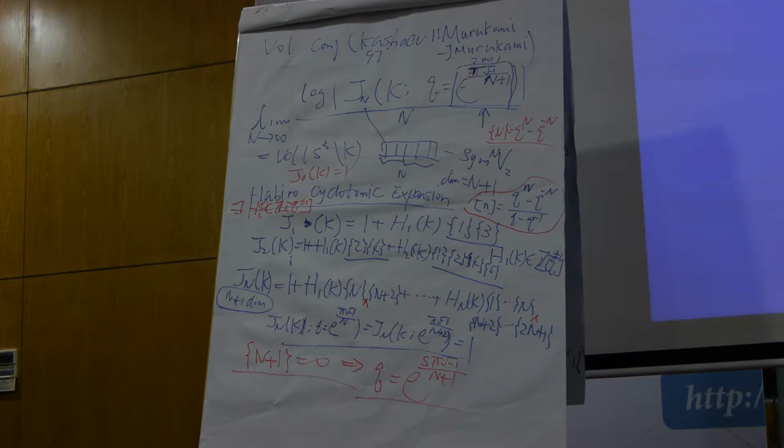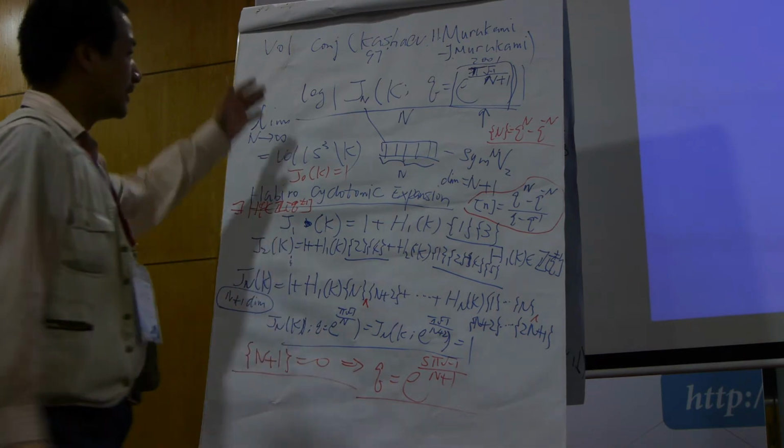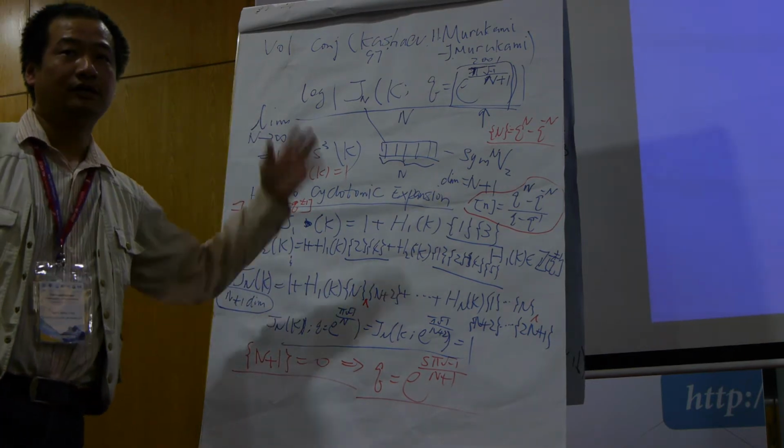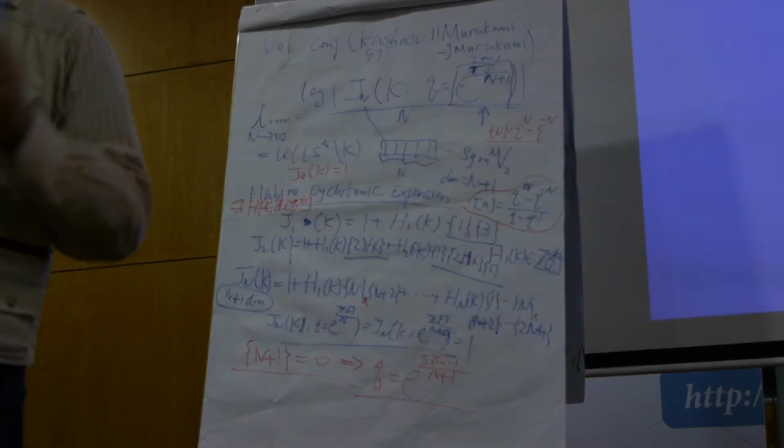Actually, I did this with my collaborator. We did this also for colored SUN, also for the super polynomial with categorification. We all find the cyclotomic expansion, and then we find the volume conjecture, and we can prove the figure 8 case. So this is the first direction of generalization of the original volume conjecture.